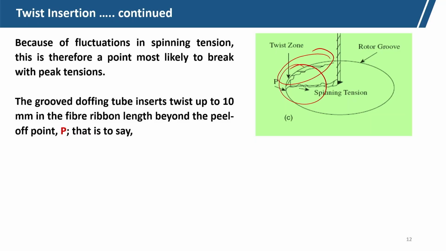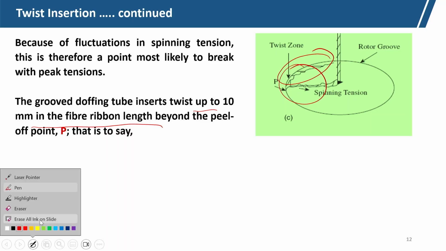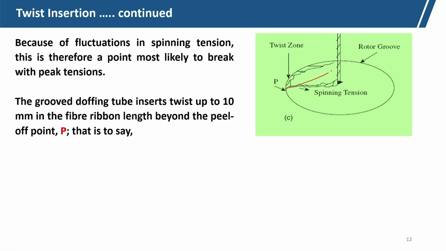The grooved dropping tube inserts twist up to 10 millimeter in the fiber length ribbon beyond the peel off point. So, beyond the peel off point, this is the zone which is important.